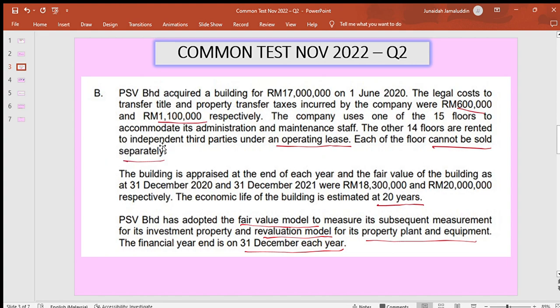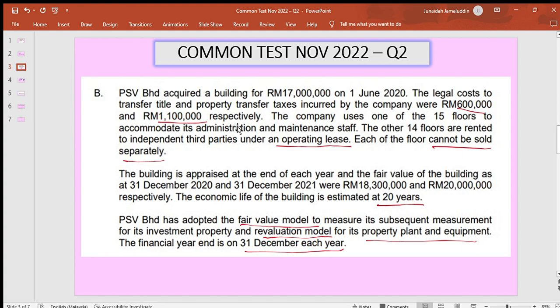Okay, so if each of the floors cannot be sold separately, we need to identify whether the portion that is occupied by the owner and employee of the company is significant or not. Okay, so in this situation, there is only one out of 15 floors that is occupied by owner or employee.